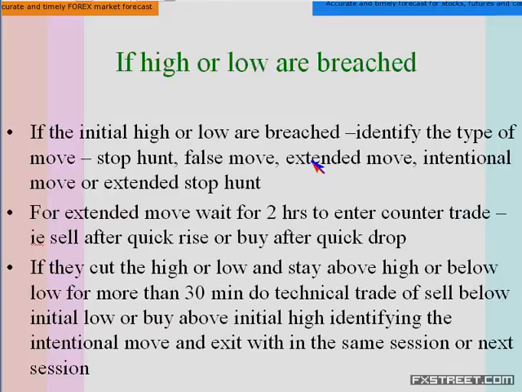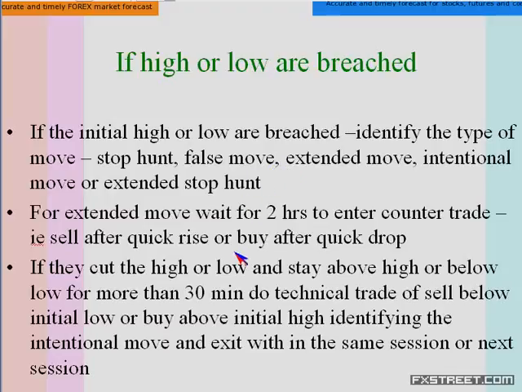So if you identify the type of moves, then we will not try to buy after the rise blindly. We can buy after the rise only if they make an extended move. And if they make an extended move, we can buy after the rise above the initial high and try to keep a hedging order or a stop below the initial high. Similarly on the downside, if they breach the initial low and have come down, then we can sell below the initial low and try to keep the stop at entry.